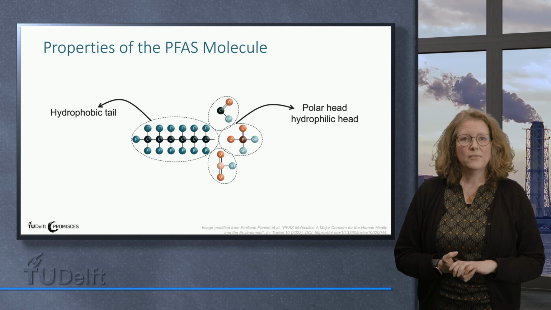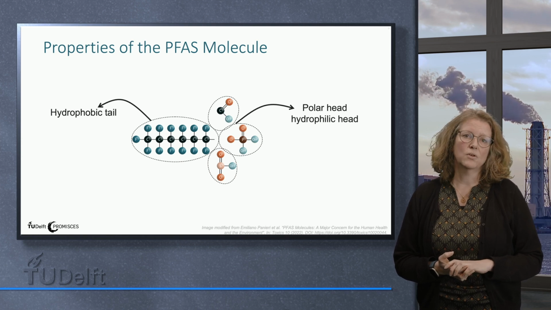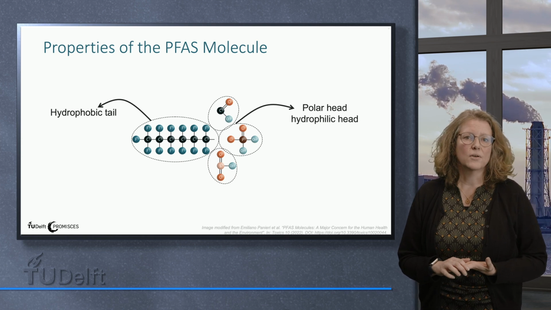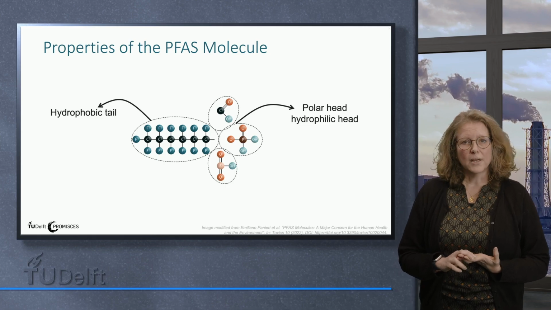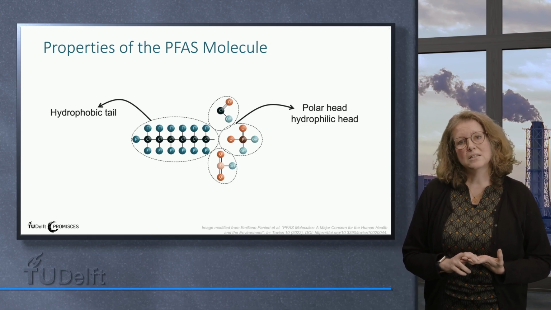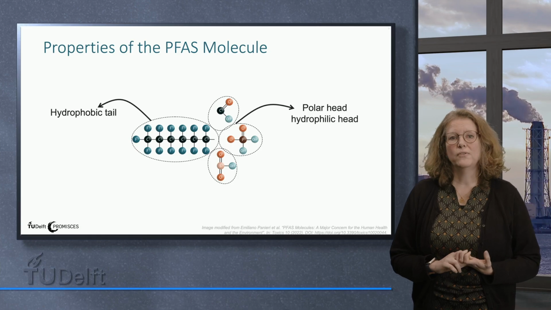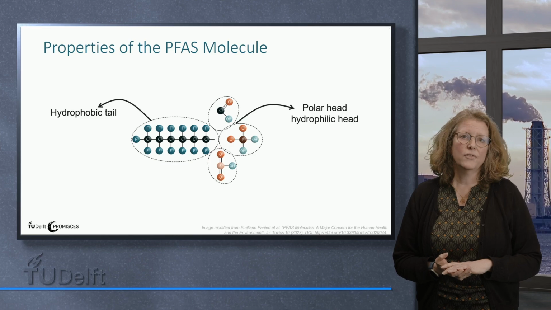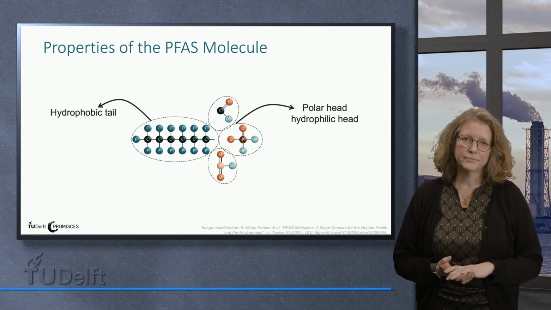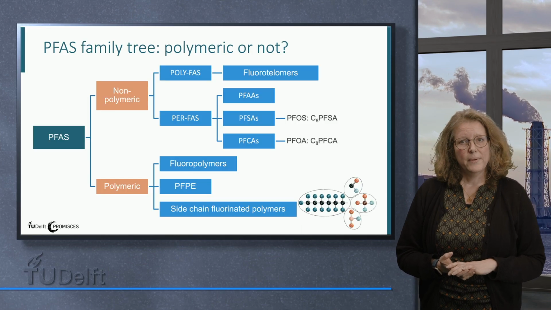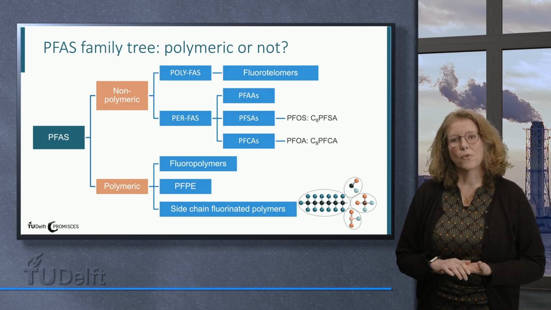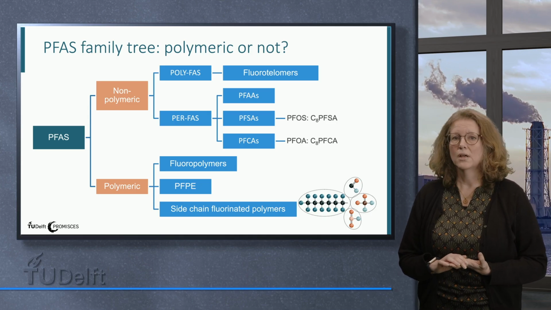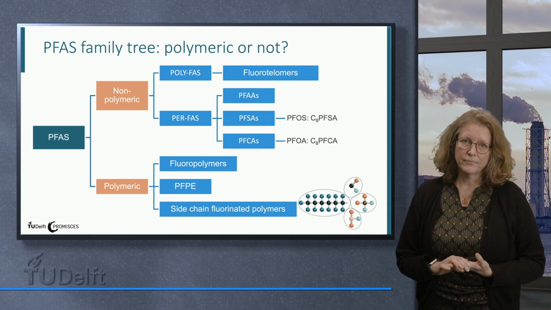The number of different PFAS chemicals that can be produced keeps increasing and is now already in the thousands. The Environmental Protection Agency's database lists close to 15,000 unique PFAS chemical compounds. Making a subdivision is therefore a quite useful exercise. A subdivision in PFAS is often depicted in the form of a so-called family tree, which sounds friendlier than it is.